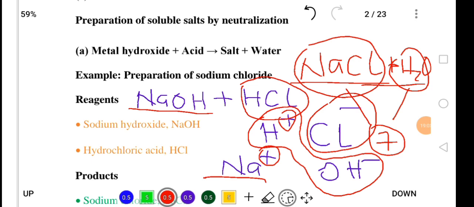Therefore, we now qualify to call the method of preparation neutralization.